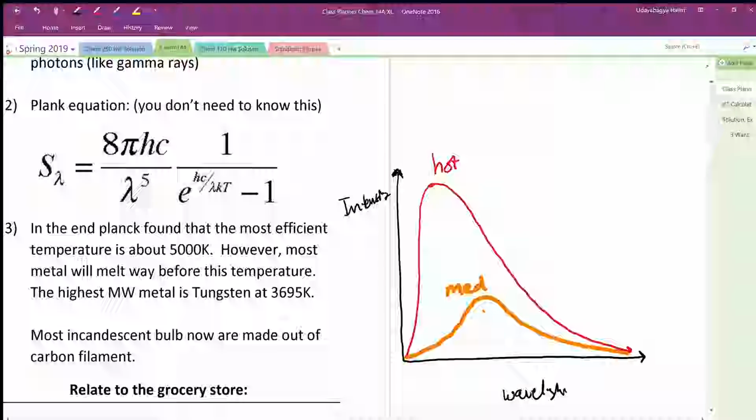Also the maximum wavelength emitted is longer, which simply means lower energy. As you go colder and colder, it looks more like that. The blue one here is cold. So that's the limit I want you to know: a hot object will emit higher energy photons.